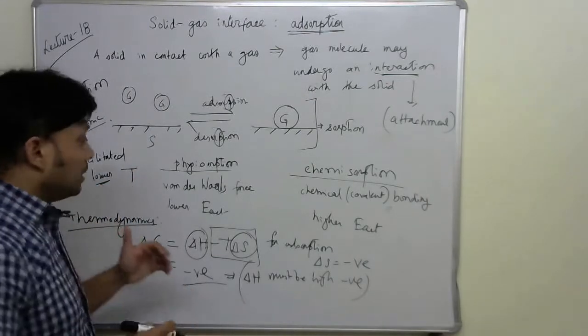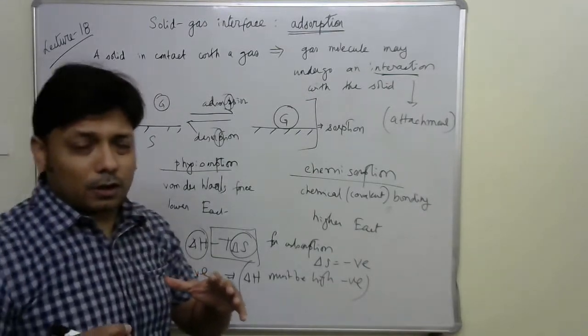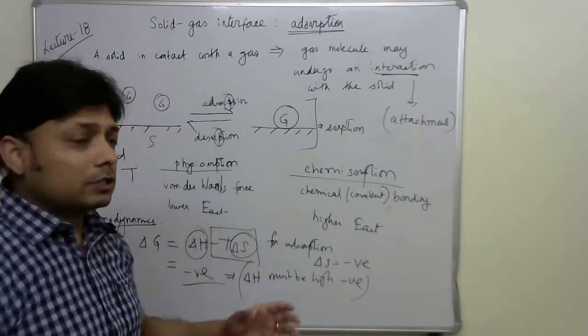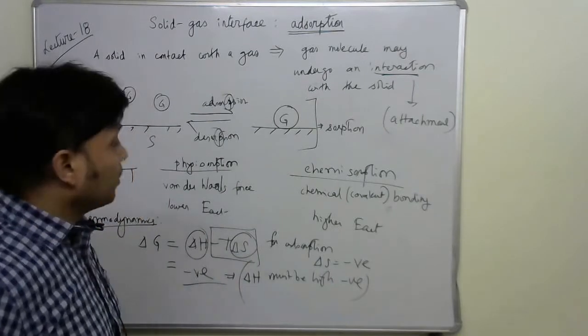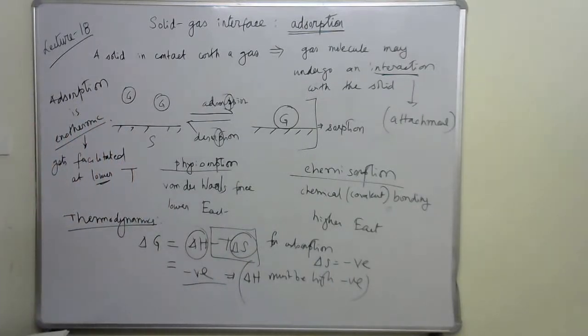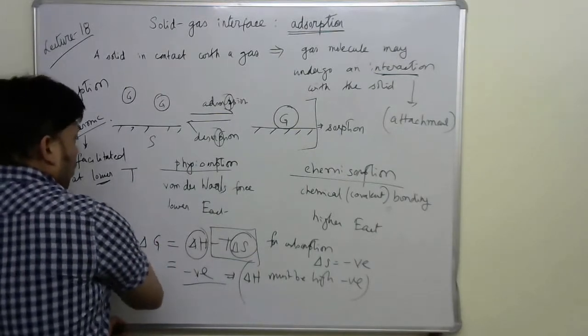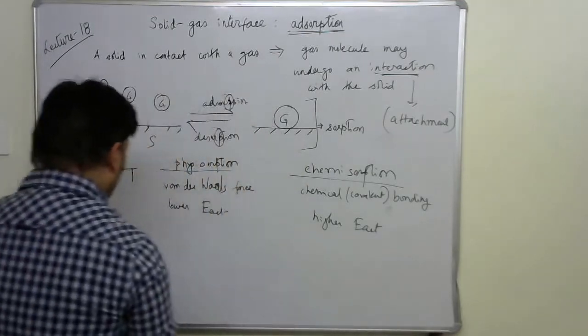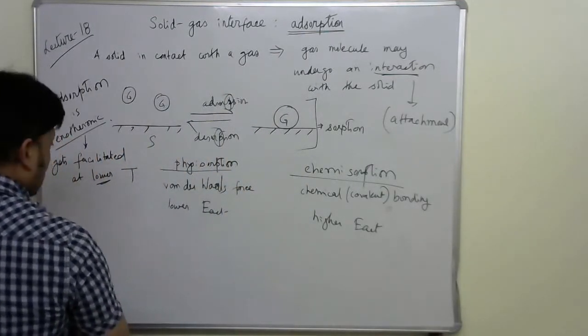The process is more pronounced at a lower temperature. All right. So now if we come back to the differences of physisorption and chemisorption, there are two more differences that we can talk about.